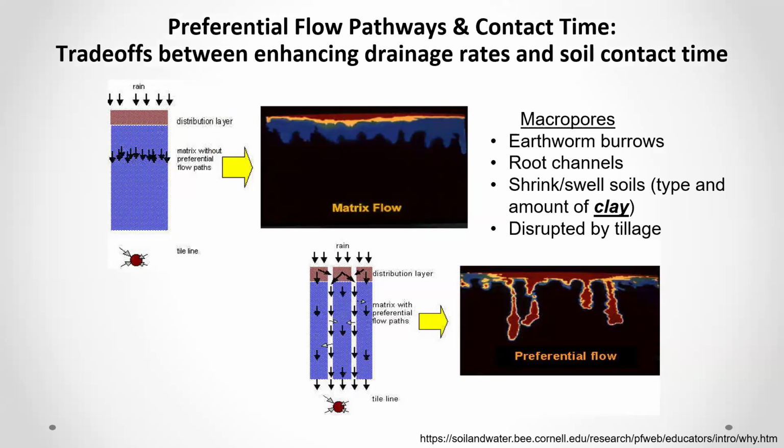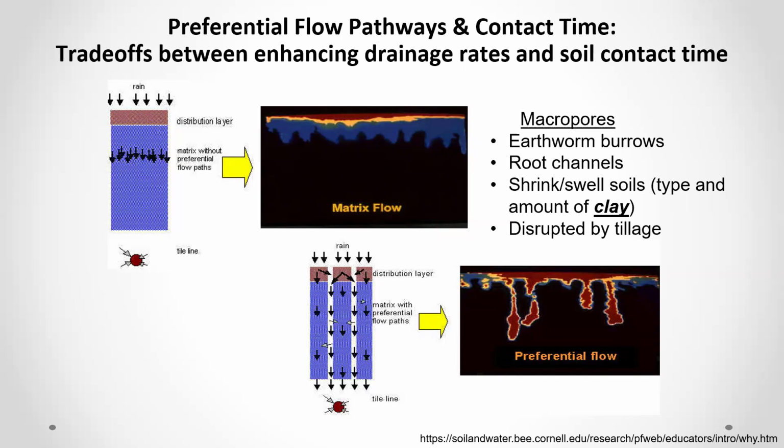It's shrink-swell soils, the amount of clay: as clay soils get wet, they swell, and then as they dry down, they shrink, and that's where those cracks come from. We could also have naturally formed earthworm burrows and root channels, but what we see here is that blue representing the drainage water wetting front.